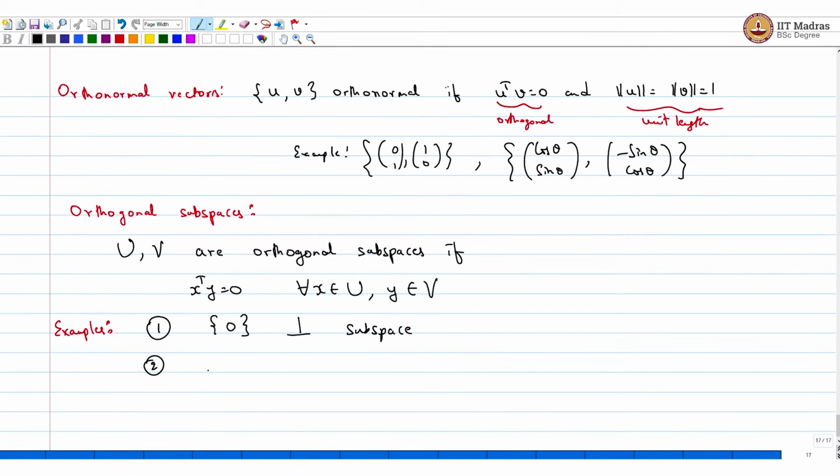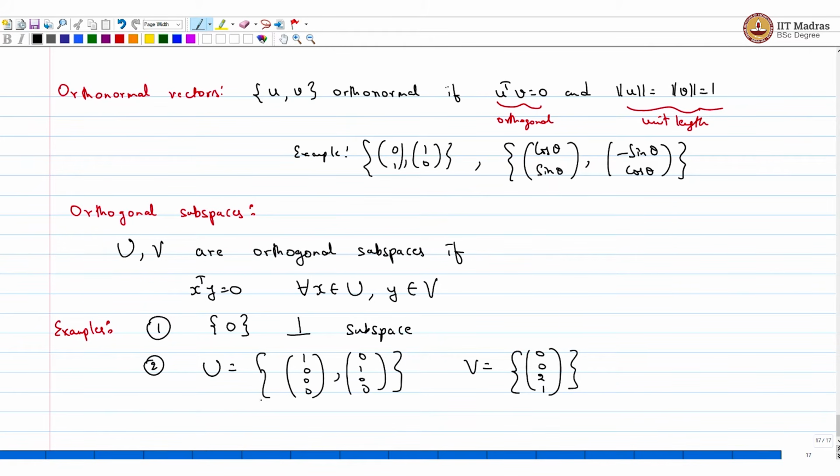Define U as the span of (1, 0, 0, 0) and (0, 1, 0, 0). Then say V is something else, say (0, 0, ...), you take the last two coordinates. Then U is orthogonal to V.